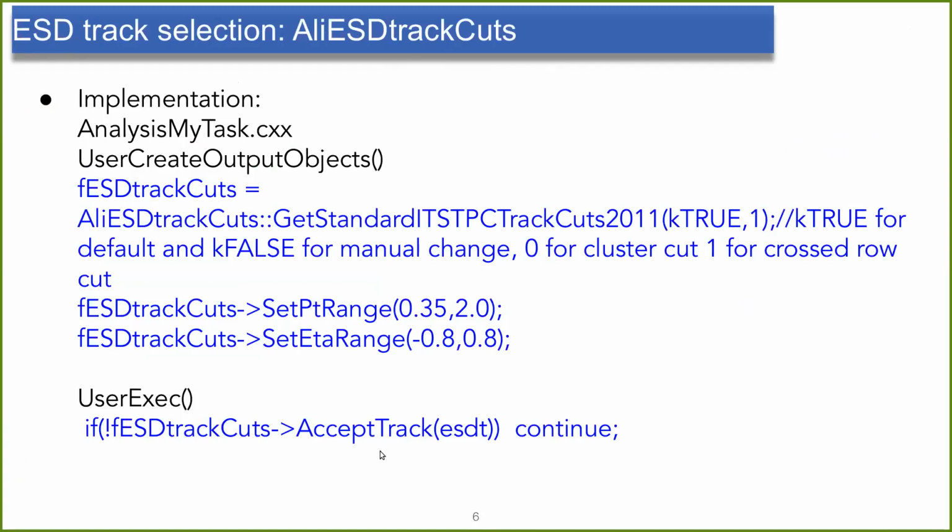Then it will return a boolean, and if it is true, the track is a good track selected with some default track selection criteria, and if it is bad, then you can reject it from your analysis.